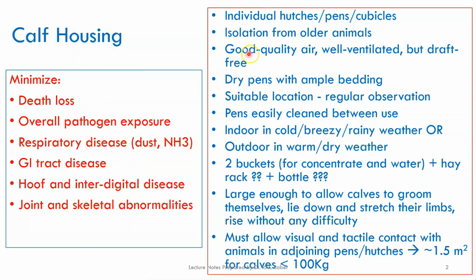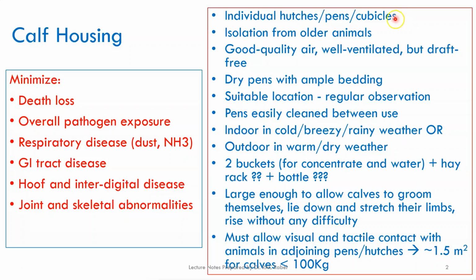Right, so like I said earlier, they can be individual hutches or pens or cubicles as you call them. So remember, there are two different terms, right? Calf pen or calf cubicle or calf hutch is one thing, whereas if you say calf barn or calf unit, that's a different thing, right?